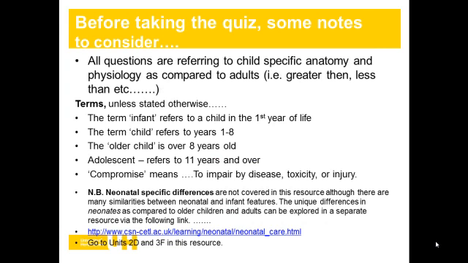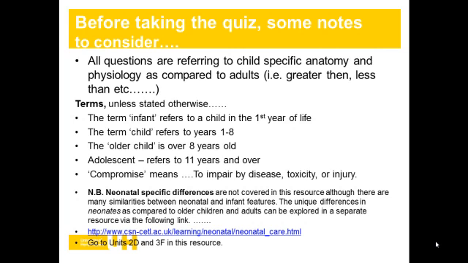Before taking the quiz, there are some notes to consider. Firstly, all the questions that follow refer to child-specific anatomy and physiology as compared to adults. The terms used in this learning unit: infant refers to a child in the first year of life, a child refers to years 1 to 8, an older child is over 8 years, an adolescent refers to a child 11 years and over.